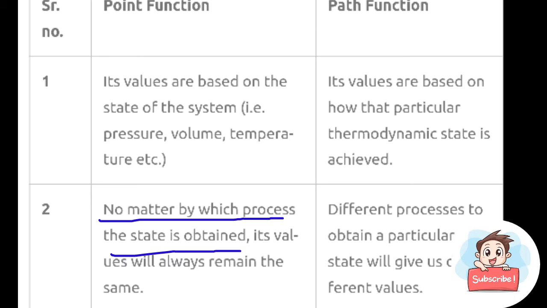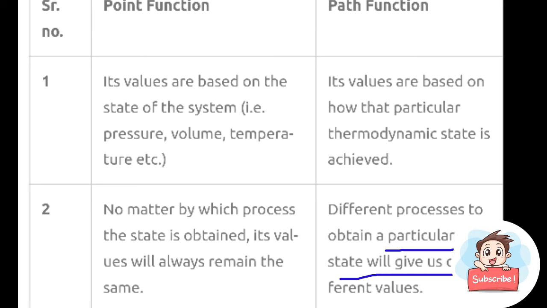In the point function, we are not giving preference to the process, we only give the state points, because there is no change throughout the process. In the case of path functions, different processes reaching a particular state will give different values. So for path functions the process is important, because in each process we obtain different values. This is the second difference.